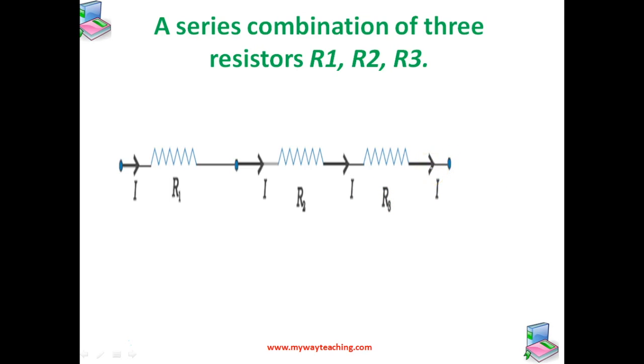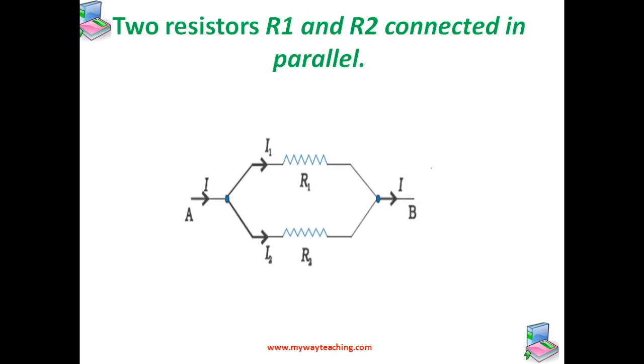Then when do we say the resistors are connected in parallel? When resistors are connected between the same two points, we call them parallel. Two or more resistors are said to be in parallel if one end of all resistors is joined together and similarly the other ends are joined together.